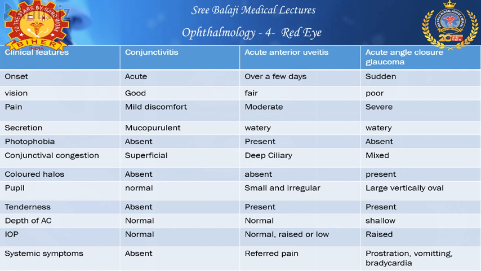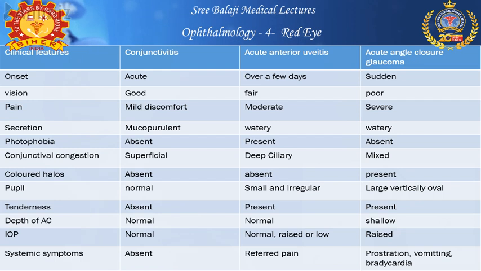Then you have to give importance to pain. Usually in conjunctivitis, only a mild discomfort or irritation is present, whereas in acute anterior uveitis, the patient presents with a significant amount of pain, whereas in acute angle closure glaucoma, the patient presents with severe intolerable pain. Next comes the secretion. In case of conjunctivitis, you get mucopurulent secretion.